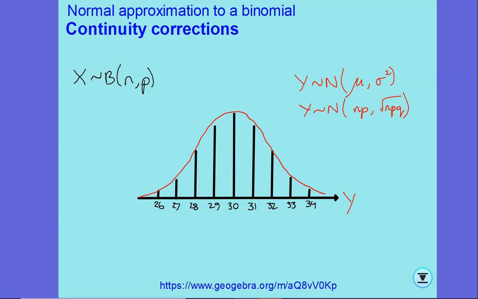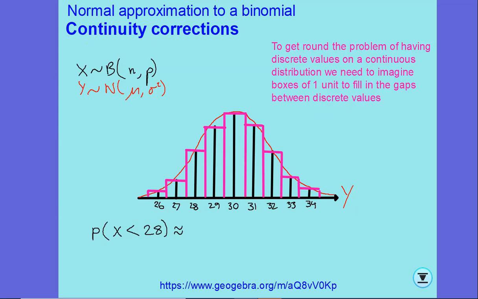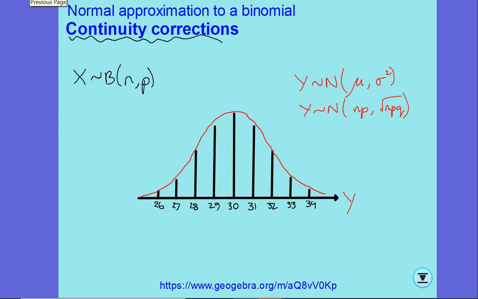So this is one of those circumstances where the discrete variable looks very closely like a normal distribution, so we can use it to approximate. And that is something called a continuity correction. I said it earlier, but I'll just say it again. Because this is discrete and there's loads of space in between these, and these are just observed values that we've got up here, we're going to draw boxes 1 unit wide.